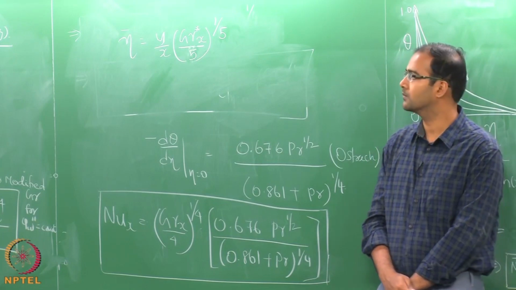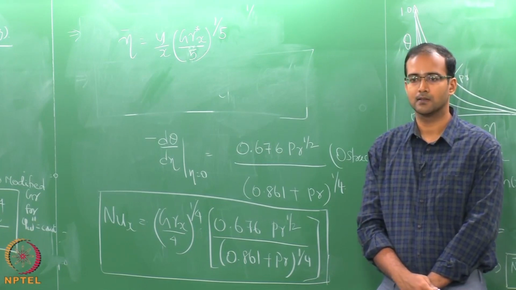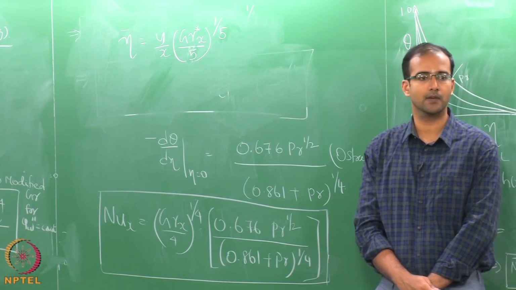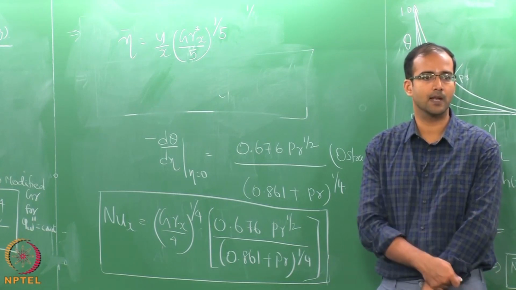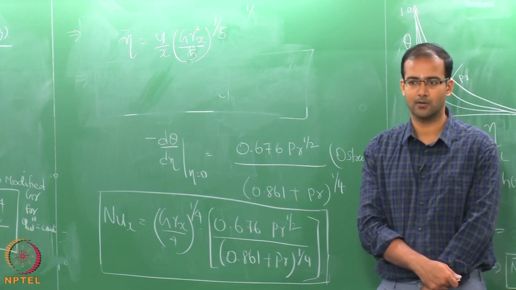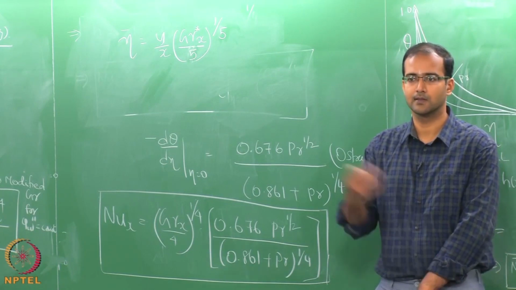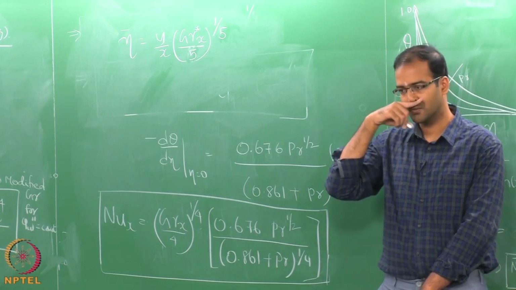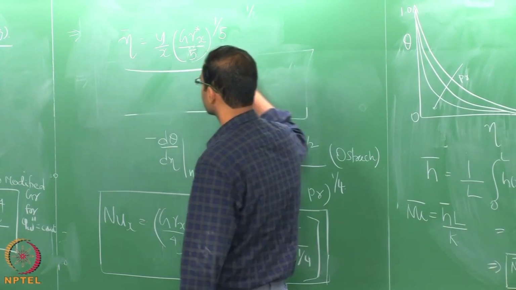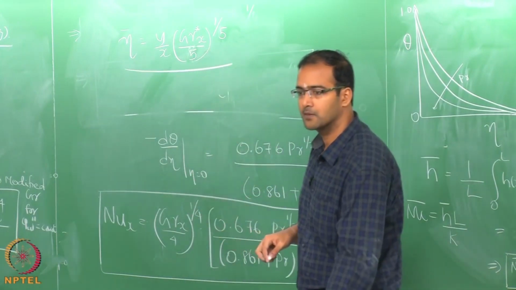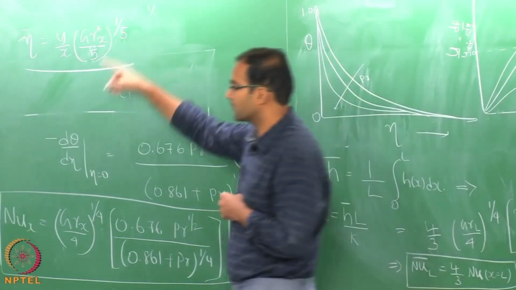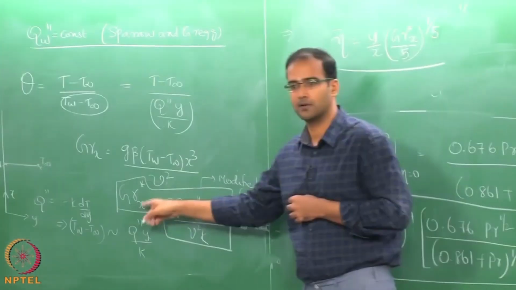Therefore, you have to modify it a little bit. If this is the right modification, you should be able to find a similarity equation. We will check how we convert this into a similarity equation, but basically this is the starting point. We redefine the similarity variable in the constant heat flux case, because we have now defined a new modified Grashof number.